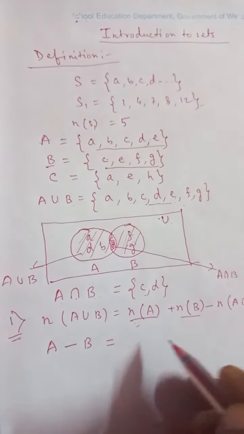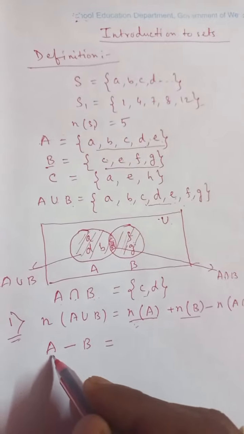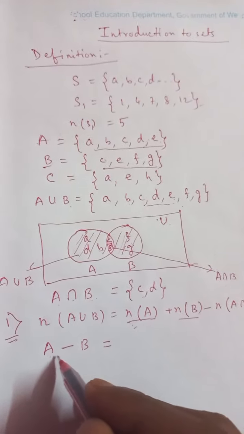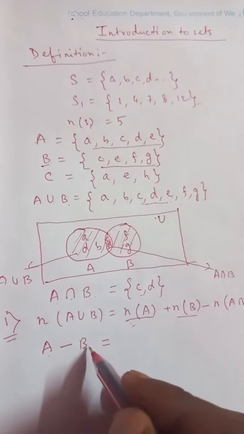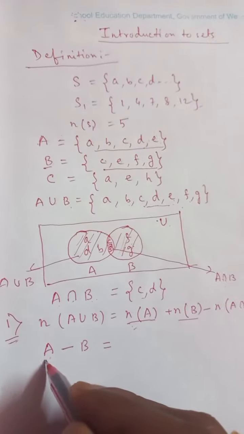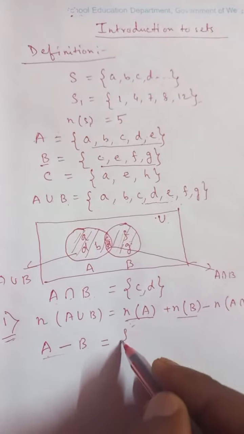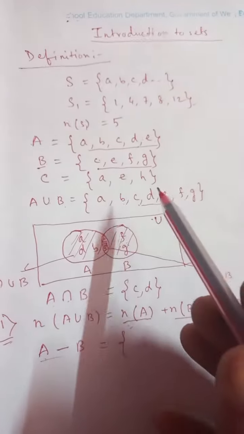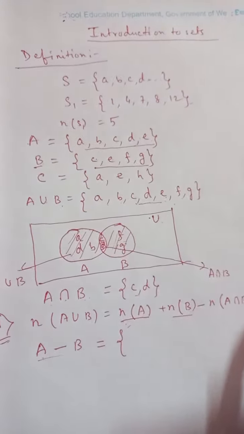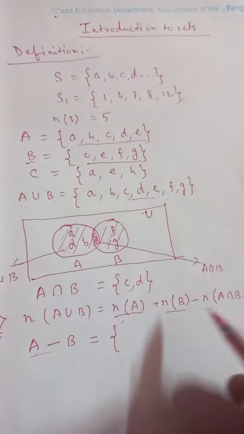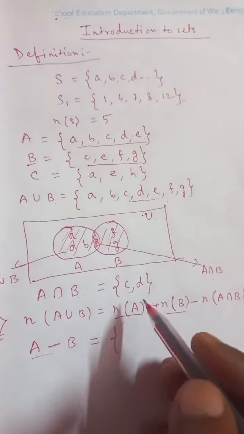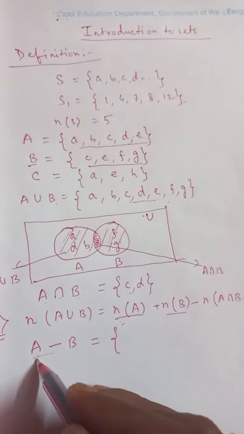A minus B means the elements that are in A, but if those elements are found in both A and B, they cannot be carried into A minus B. Here, in A and B, two elements C and E are common, so we cannot write C and E into A minus B, and the B elements cannot be carried into A minus B.